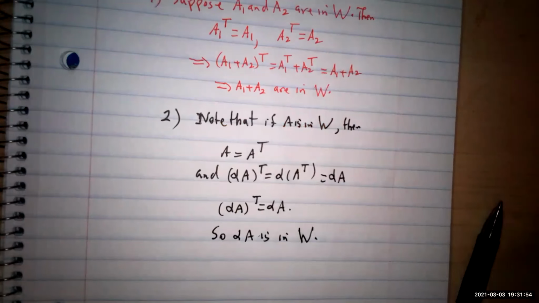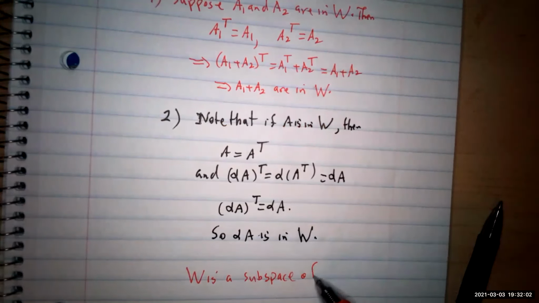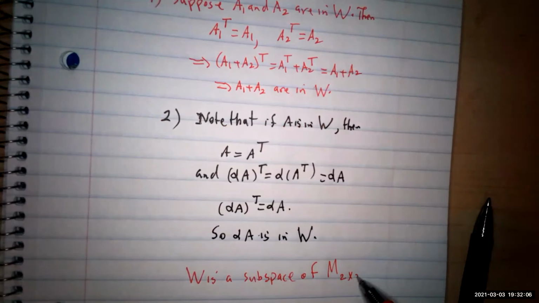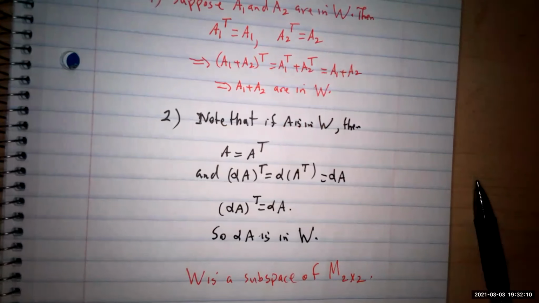So W is a subspace of all the 2 by 2 matrices, because the other 8 conditions are automatically satisfied since they are matrices.